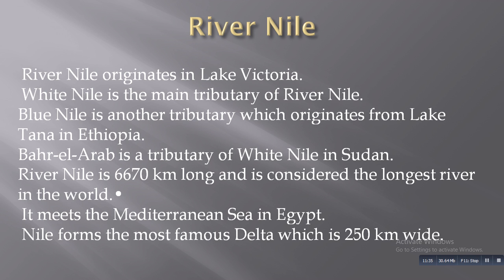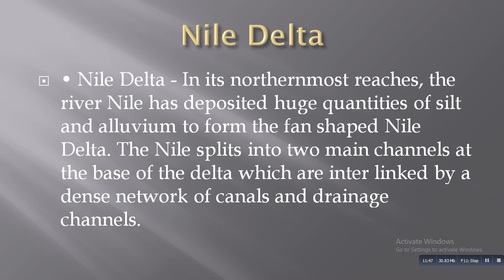Next, the Nile Delta. Already we said that at the ending portion of River Nile, the Nile forms a delta. In its northernmost reaches, the River Nile has deposited huge quantities. We know that rivers deposit silt and alluvium in one place, which forms a landform called a delta.